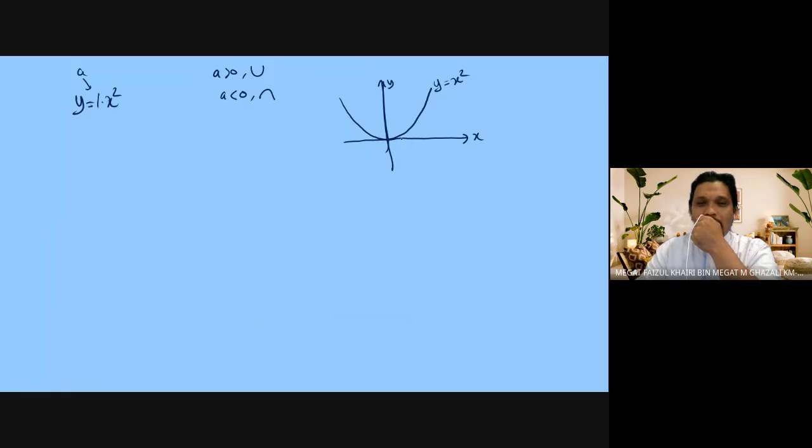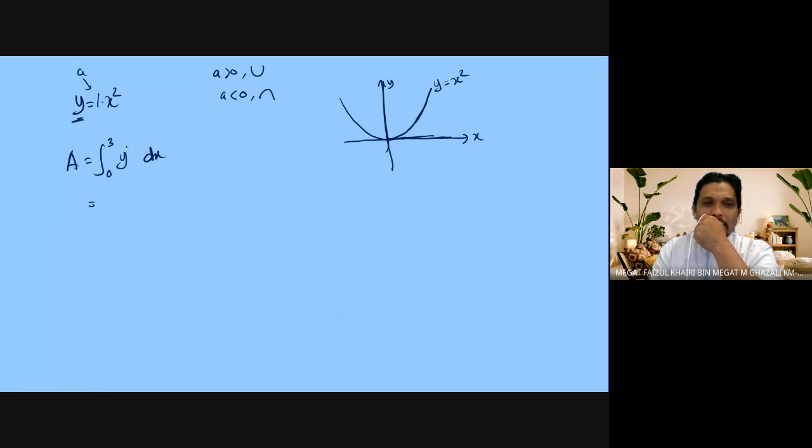If you would like to find the area between this function, or curve, with the x-axis, it is the integral from 0 until 3 of the function y dx.